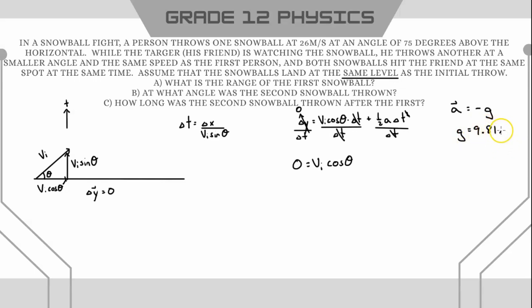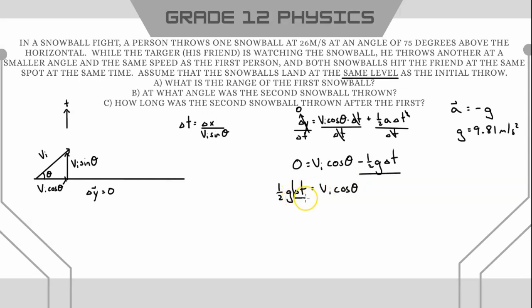It's just something I do to help get rid of negatives. So then this becomes, yes, I know the negative's going to be there, so minus 1/2 g delta t, but then when I move this whole term to the other side of the equation, it just becomes 1/2 g delta t equals vi sine theta.